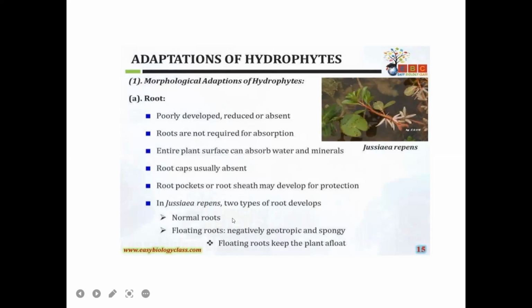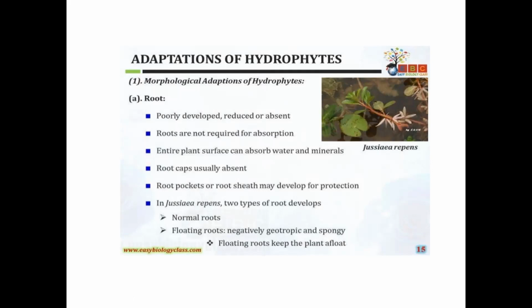Normal roots help in attachment, whereas the floating roots are negatively geotropic and spongy. Floating roots keep the plant afloat, that is they help in the buoyancy of the plant to balance the plant.